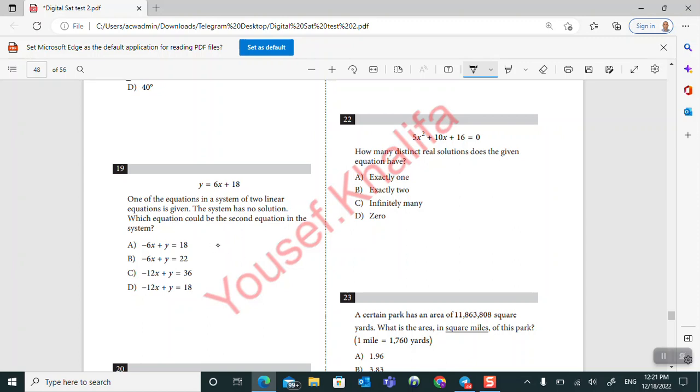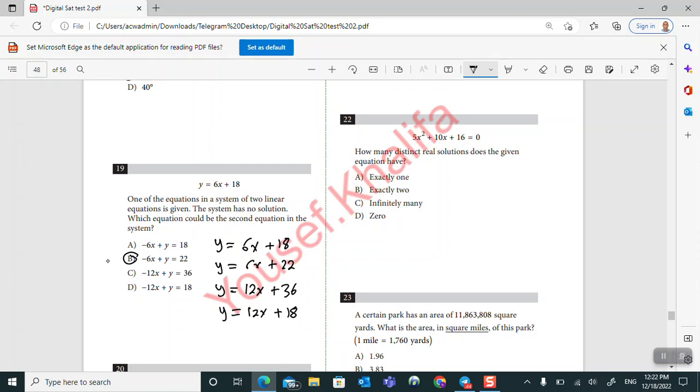You either keep shifting, isolating the y like that, till you find a formula which has the same slope and different y-intercept, or just do a different thing which I'll mention right now. So the only one that has the same slope and different y-intercept is B. So the correct choice is B.